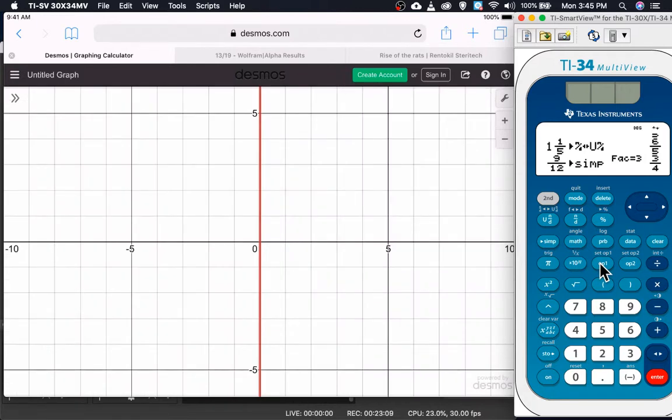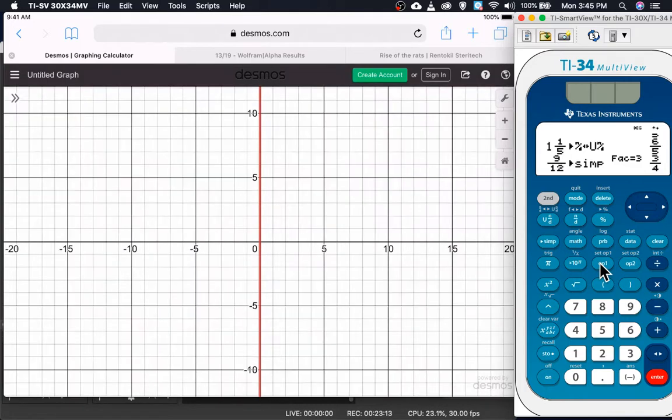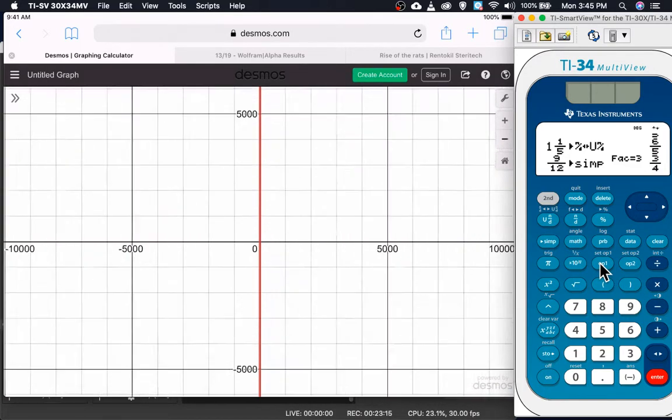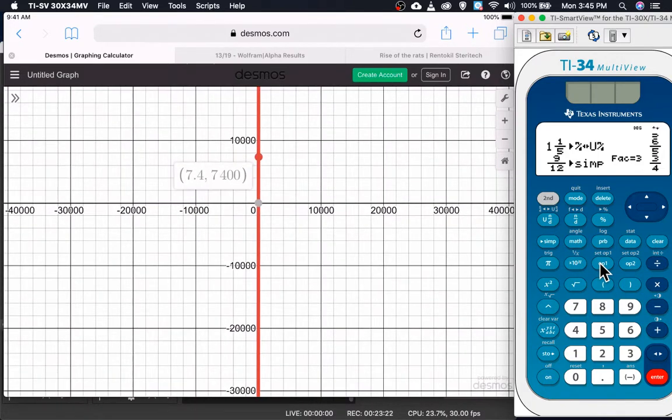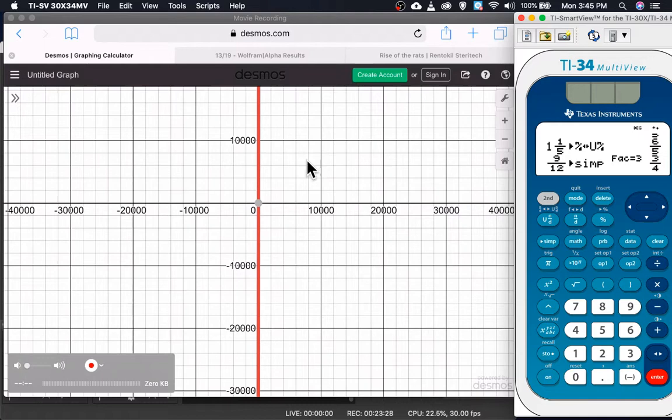That red line is not actually straight up and down. It is going over very slowly. See? It's actually moving slightly in this direction. So it's kind of heading out here a little bit.